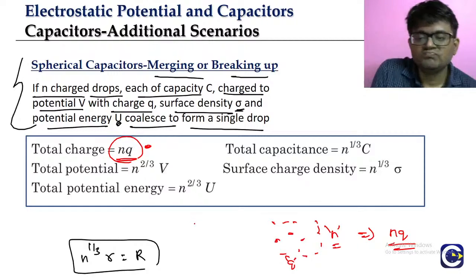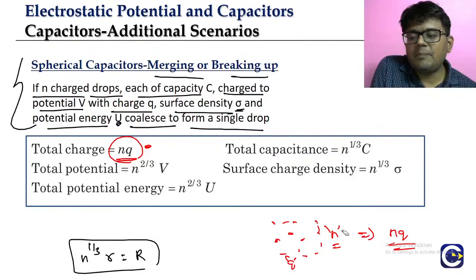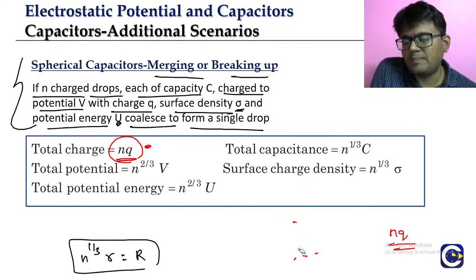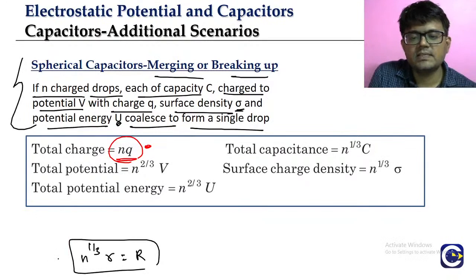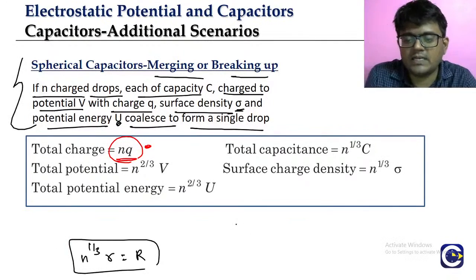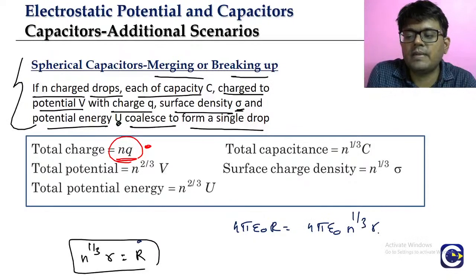Next, look at the capacitance of the bigger drop. What is the capacitance of the bigger drop? It is a spherical capacitor, right? 4 pi epsilon naught into capital R. So what can we replace capital R with? 4 pi epsilon naught into n power 1/3 small r. This is n power 1/3 into 4 pi epsilon naught small r.